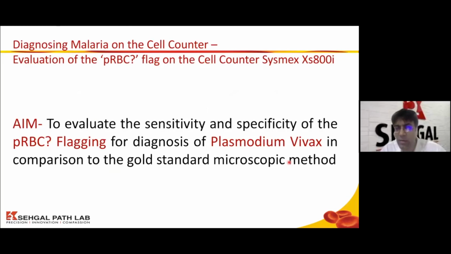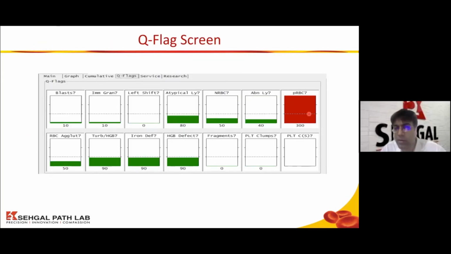Having said that, we will discuss a little bit about the cutoffs. You can change the cutoff. For example, the default cutoff in this machine for all Q flags is 100. You can increase or decrease the sensitivity or specificity of your Q flag based on your requirements, though it is not recommended by most companies, but I'll show you where we had done a study before we changed the cutoff for one of our IRBC flags.